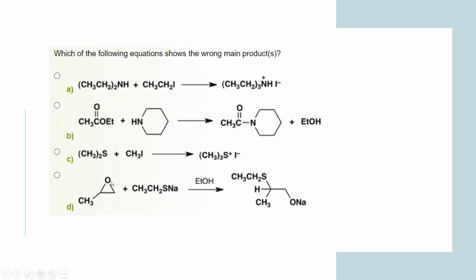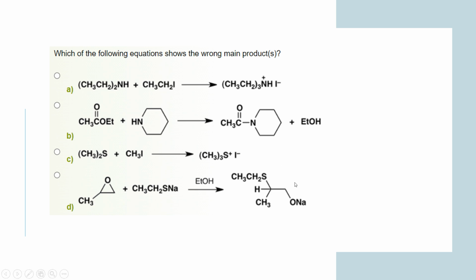Because in acidic medium, first the ring will open to give you a carbocation at this position, and this carbocation will be attacked by EtS minus, isn't it?